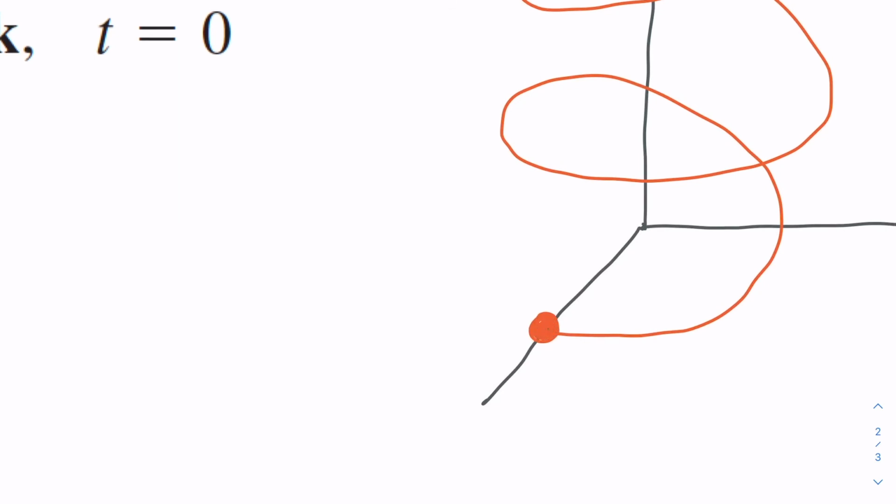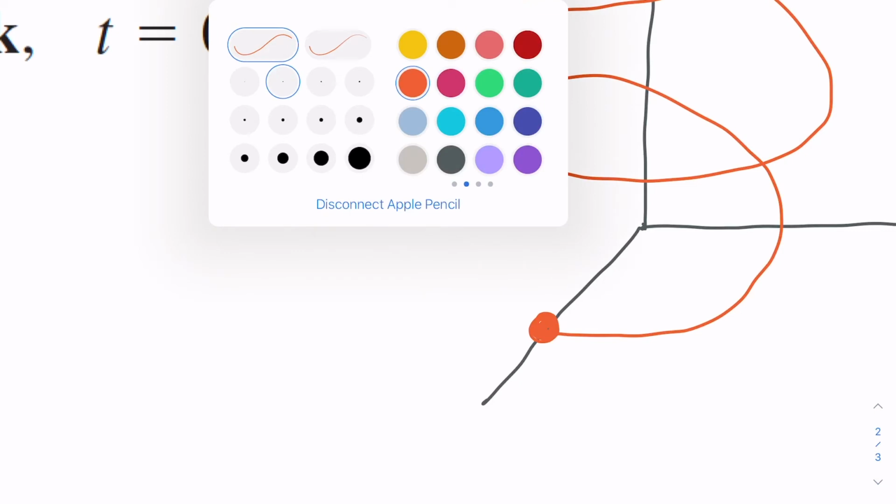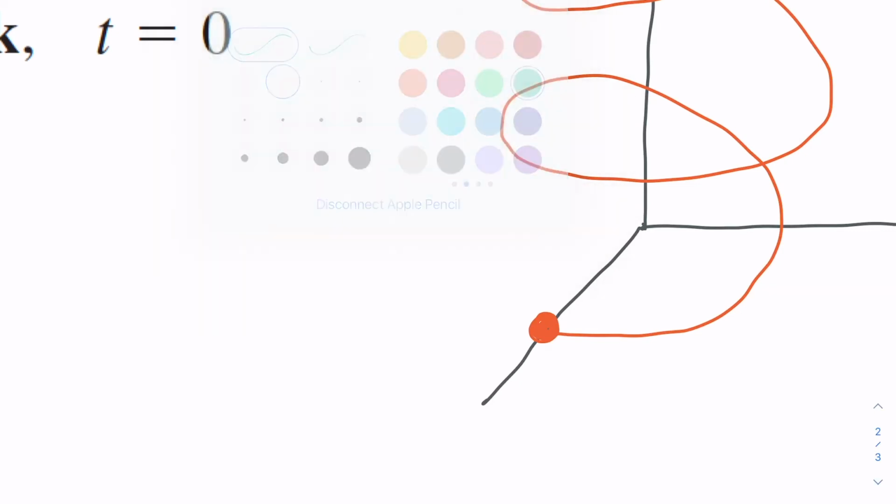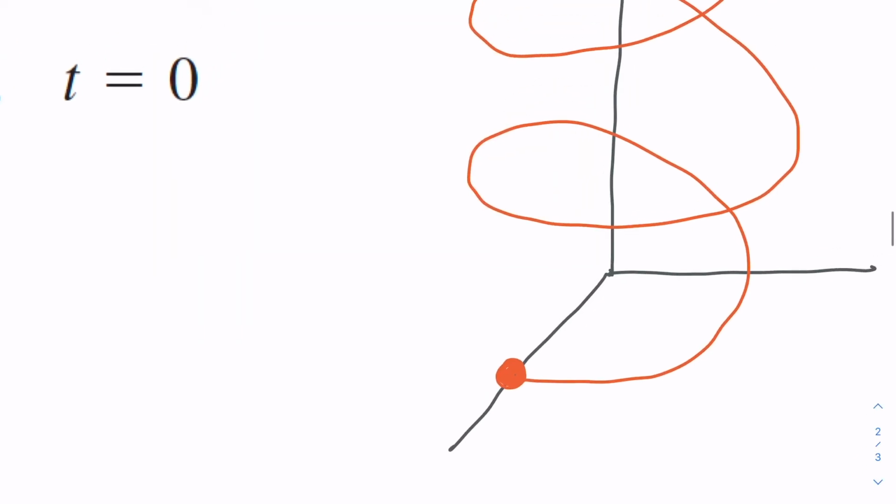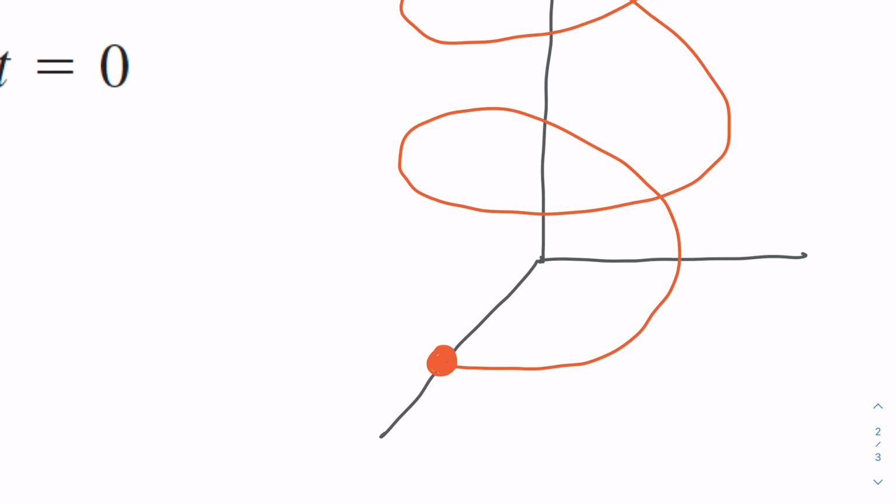So just from the onset, without doing any calculations, I should be able to guess that our T, N, and B vectors should look like this: T should be pointing in just the j direction, N should be pointing in the negative i direction, and B should be pointing in the z direction.